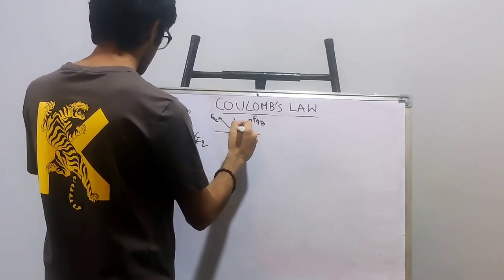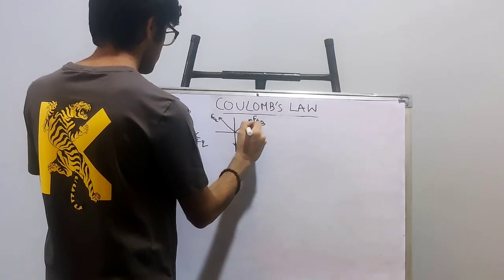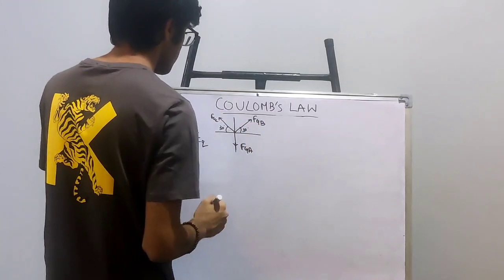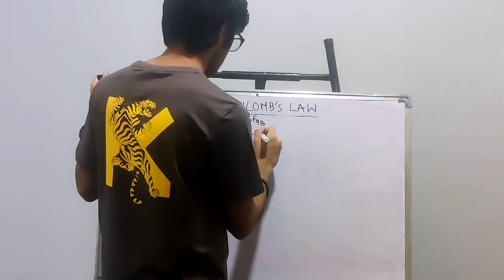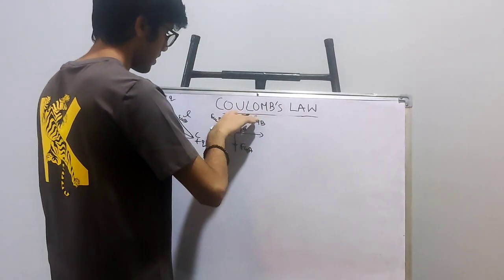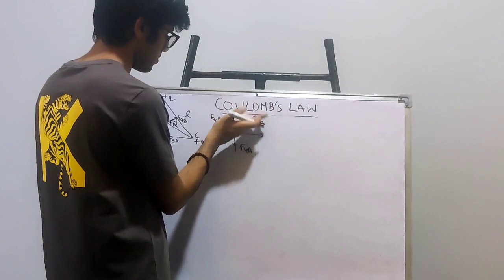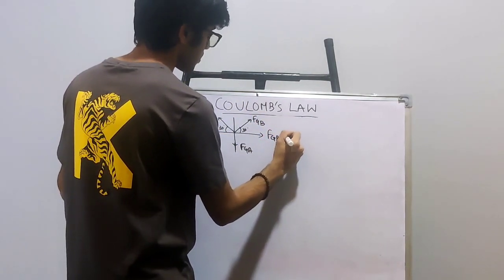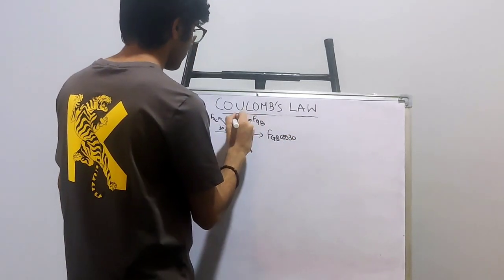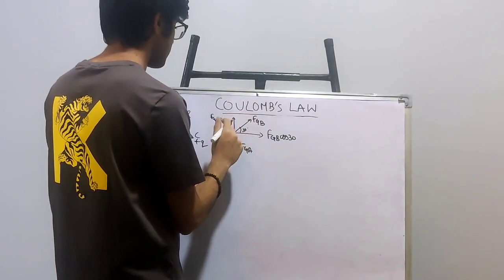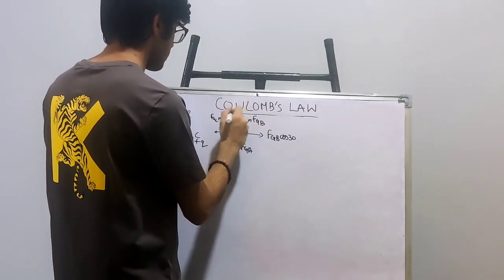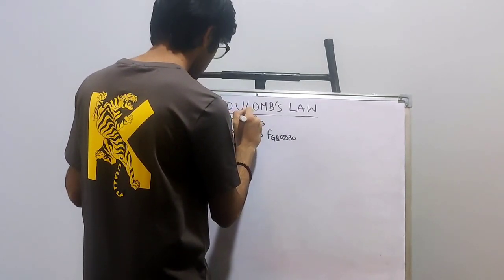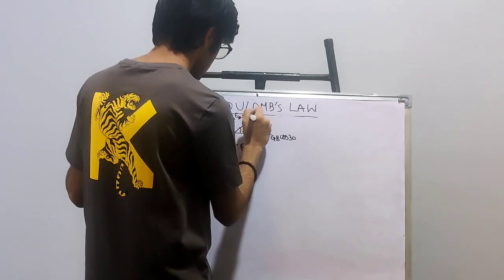So basically this will be 30 degrees, and this would also be 30 degrees. So this component right here, the horizontal component, would be FGB cos 30, the vertical one would be FGB sin 30.